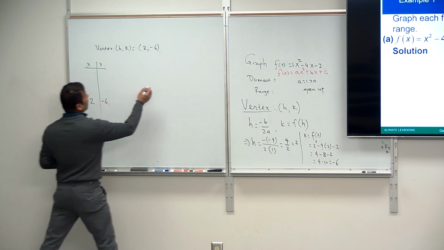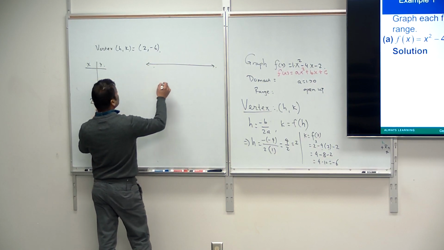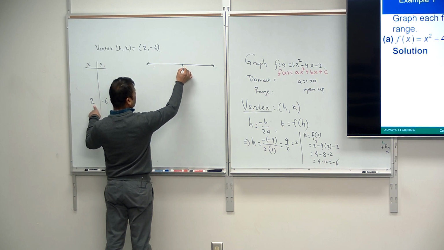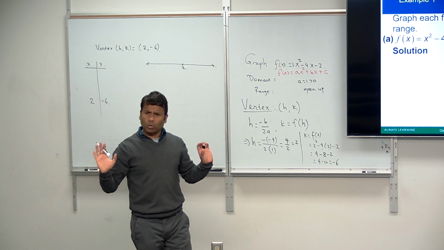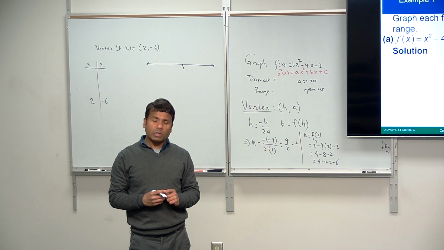So hey, look here. Now you have a number line here. I'll show you this. So look at the x value of the vertex, which is 2. 2 is right here. So I'm going to take at least 2 points to the left of 2 and 2 points to the right of 2.